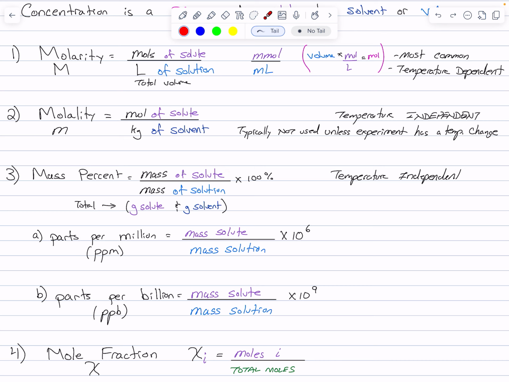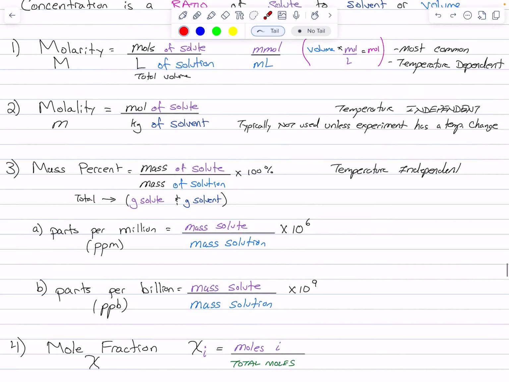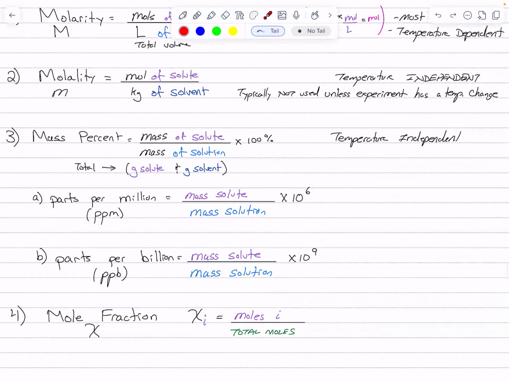Now, if they're very dilute, which means there's not a lot of solute there, parts per million is a mass percent. This is mass of solute divided by mass of solution times a million, 10 to the 6.